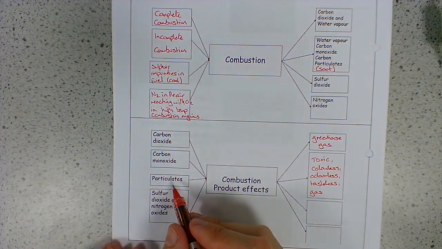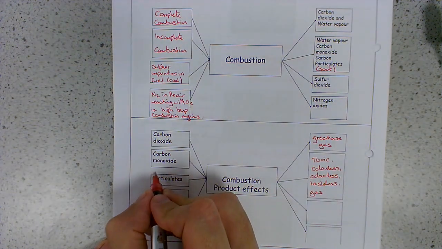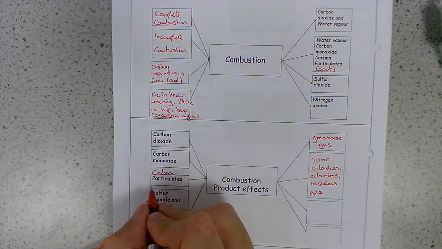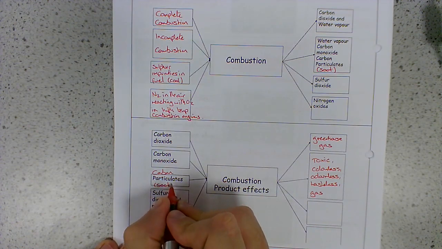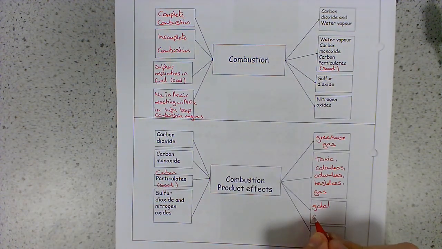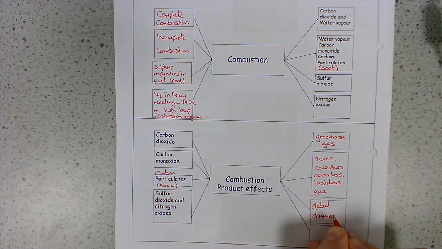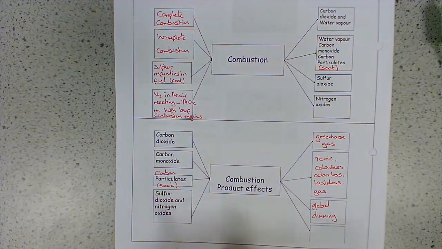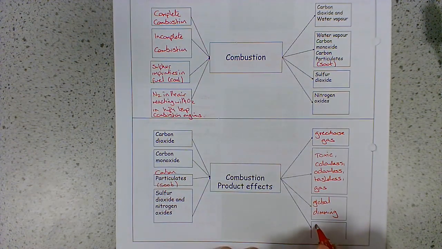Our solid particulates are soot. Okay, that causes global dimming. And our sulfur dioxide and nitrogen oxides, they cause acid rain.